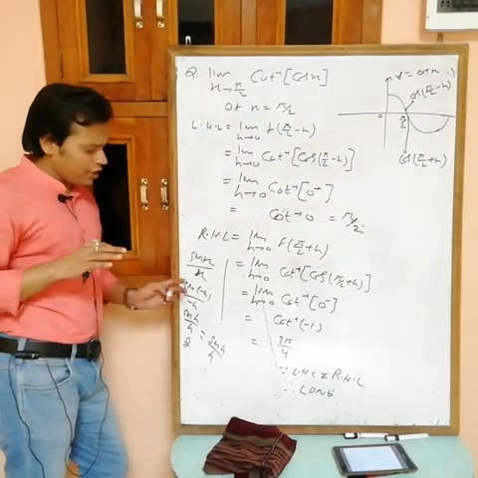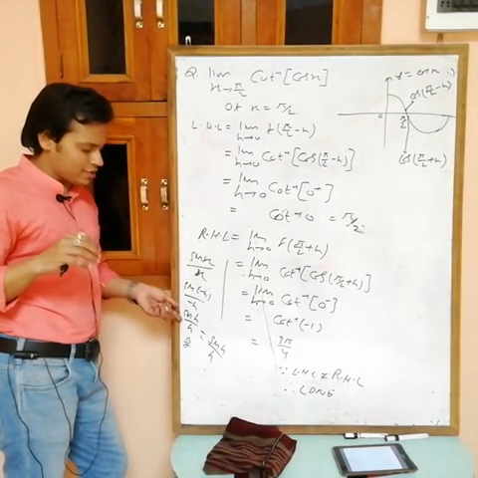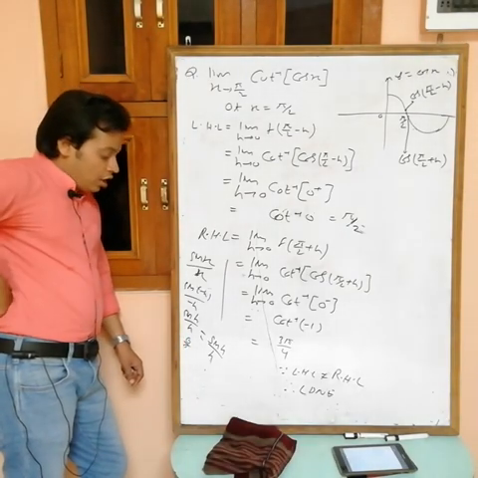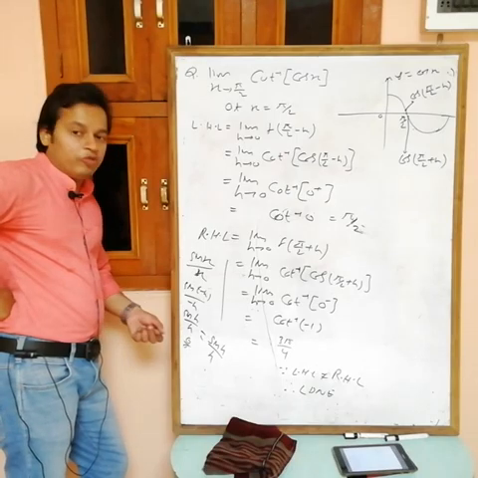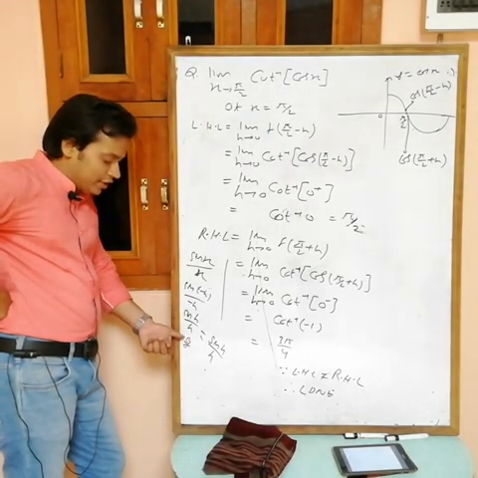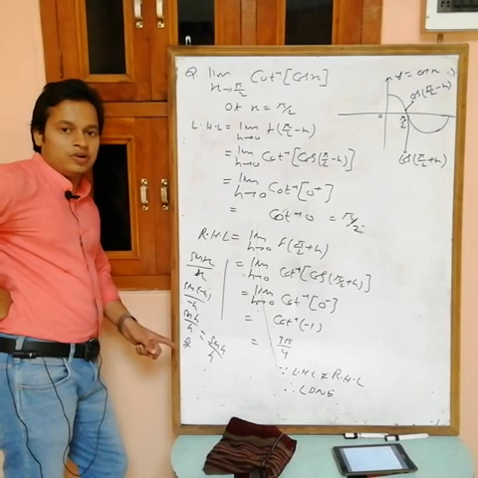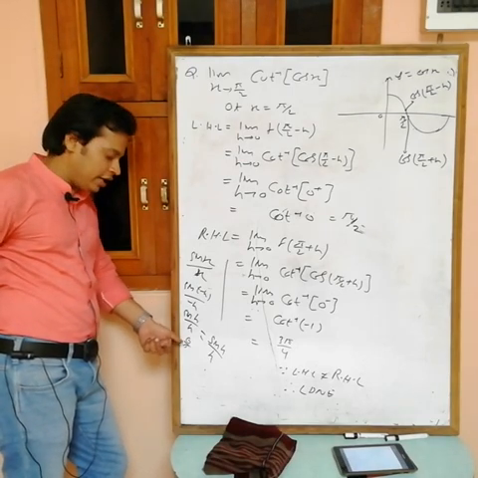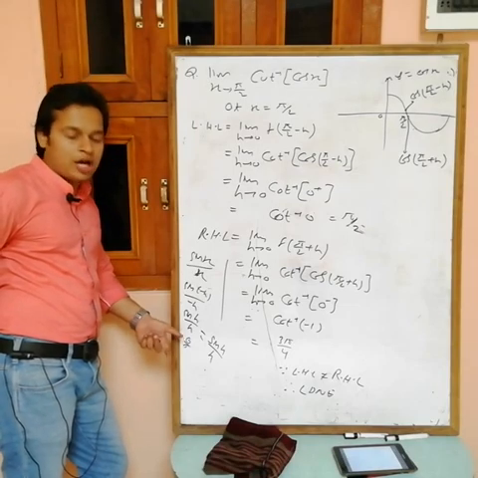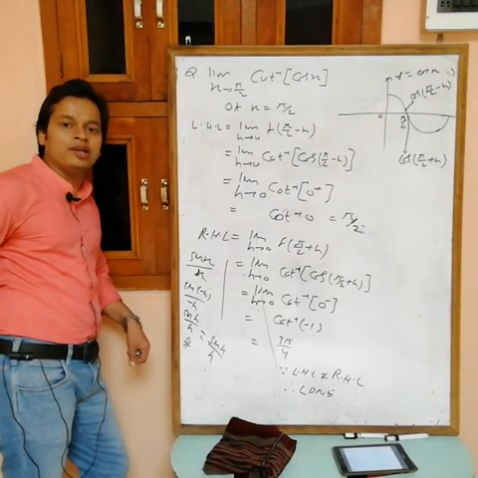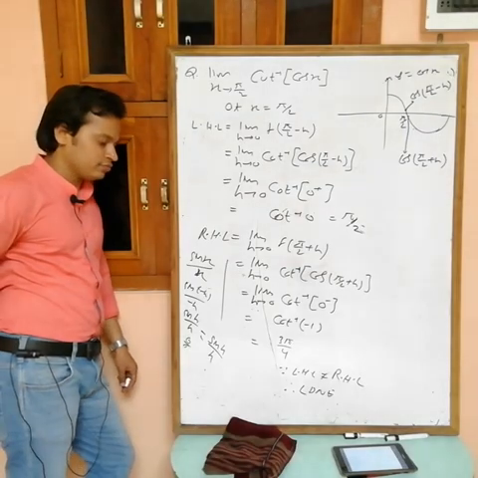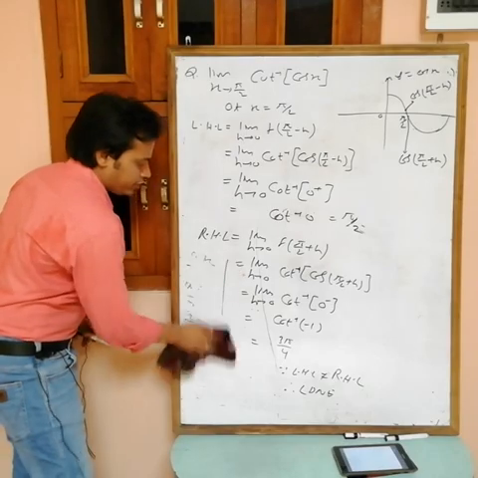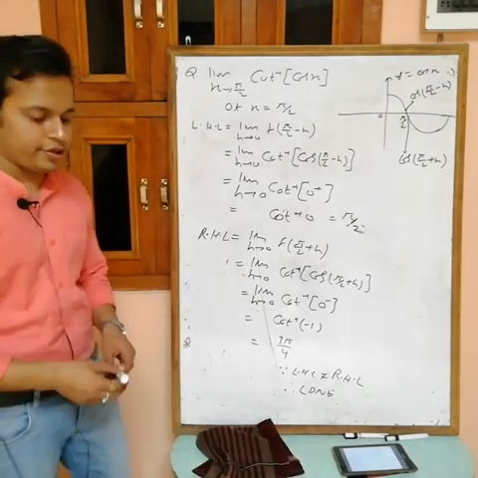In these types of questions, if you find LHL or RHL you will get the same value, but the problem is that we have an indeterminate form. So from the next lecture we will discuss the methods of removing indeterminacy, that is, how to remove these types of forms to get the value. So this is clear now. Okay, write it down. Bye.